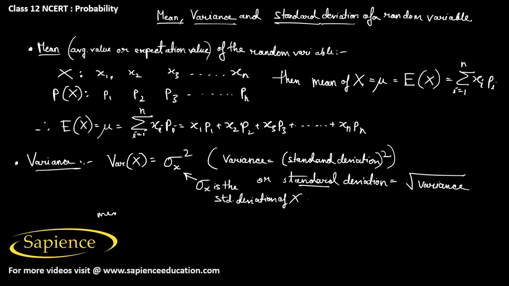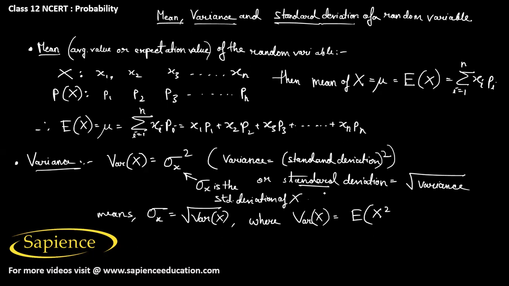It means sigma x can be written as the square root of the variance of x, where the variance of the random variable x is equal to the expectation value of x square, meaning the expectation of the squares of the values of this random variable, minus the expectation of x whole square.